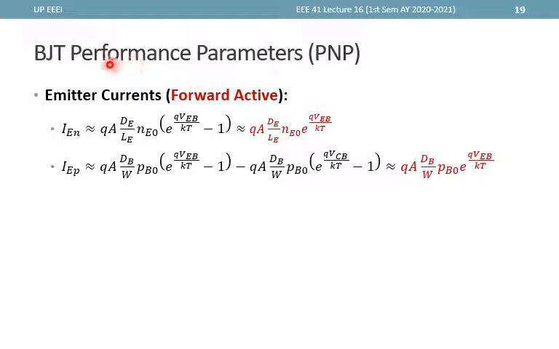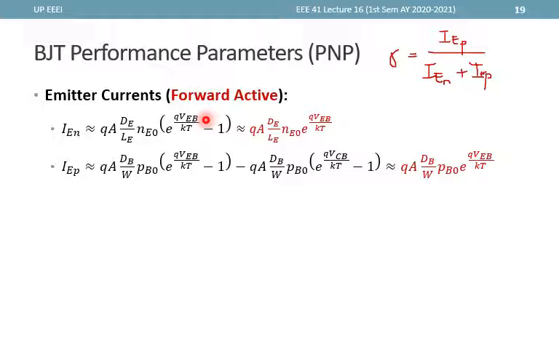Now specifically what we'll show here is the derivation for gamma for PNP, which is IEP over IEP plus IEN, or IEN plus IEP. So we showed here the currents IEP, IEN, and IEP.